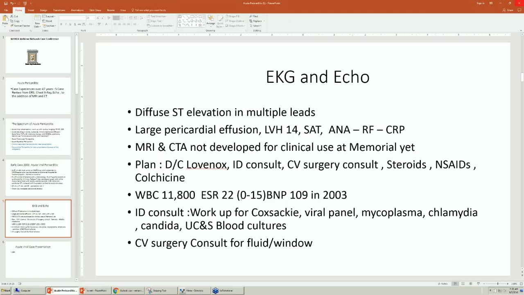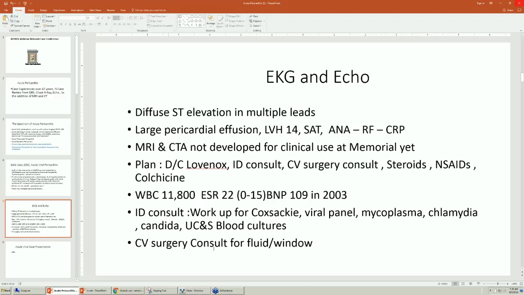And these things come back when you order these panels. They'll come back in maybe 6 weeks to 2 months from somewhere where they outsource it. And it is usually of no use because the clinical situation is over and the patient's doing fine. So I'm not sure if the ID consult is a valid thing to do nowadays, but we certainly did that then.